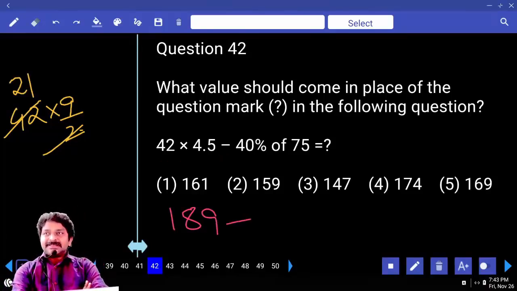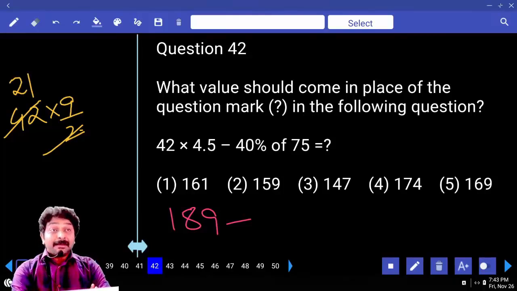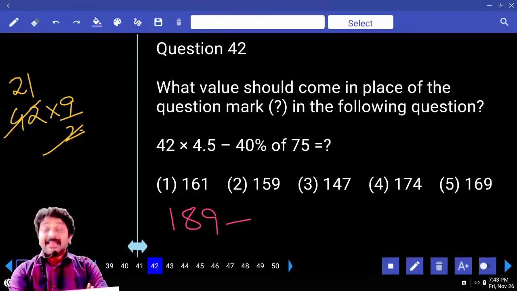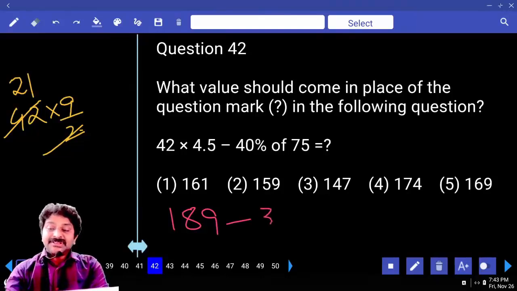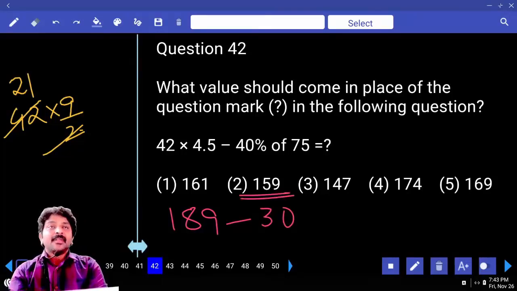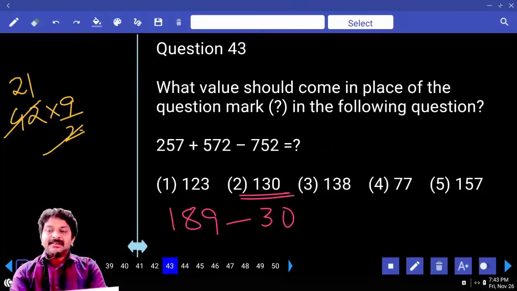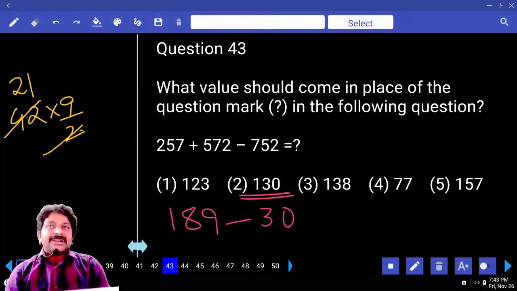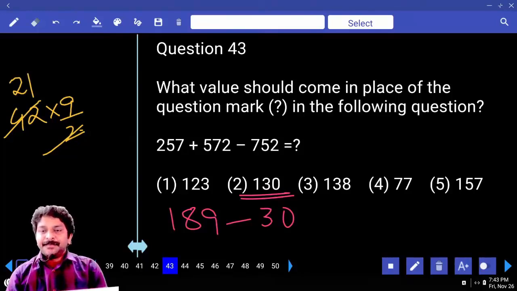How do we get 40%? 10%, double. What is 10%? Double. Again double. 30. If you subtract 30, answer 159. So how fast you calculate your percentages matters a lot.